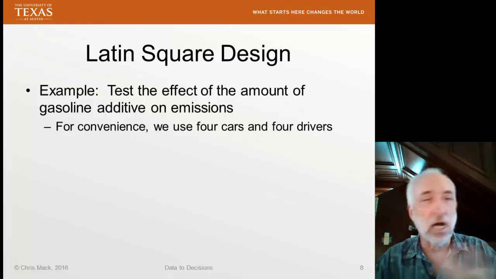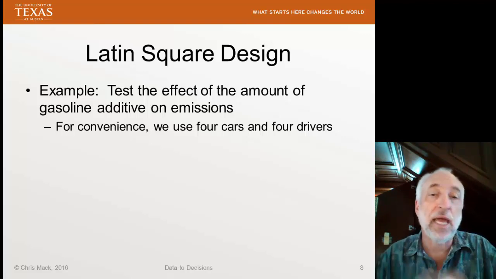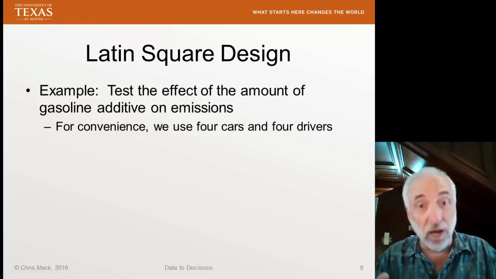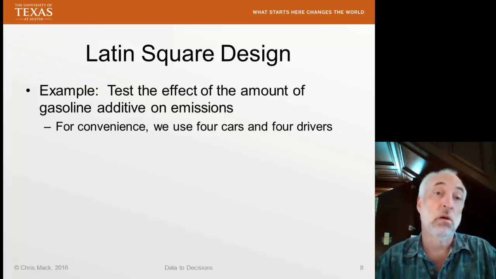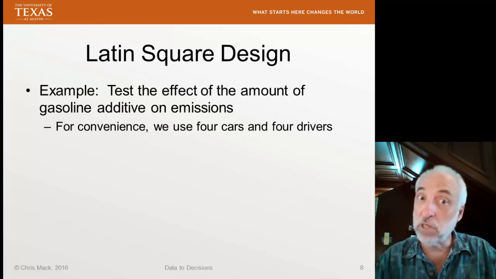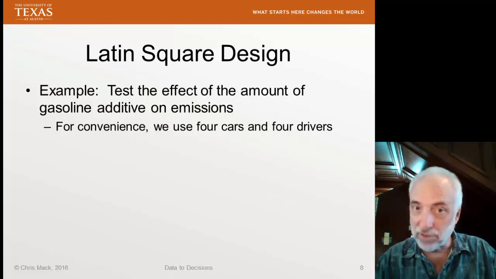Well, I want to try different levels, a little bit more, a little bit less, and I want to repeat the experiments multiple times in order to get good statistics. Well, that can take a long time, because now let's suppose it takes me 2 days to properly test one level of additive. I want to do 4 levels of additives.